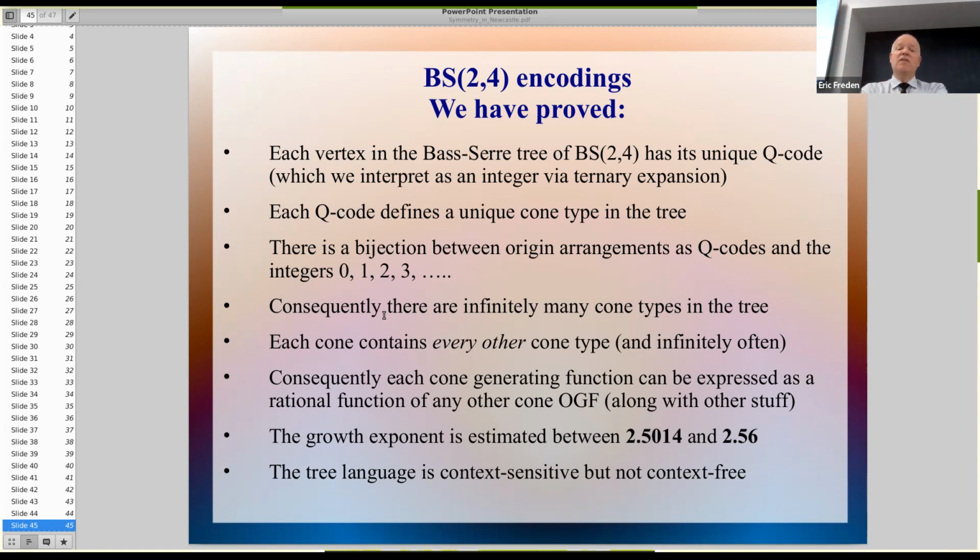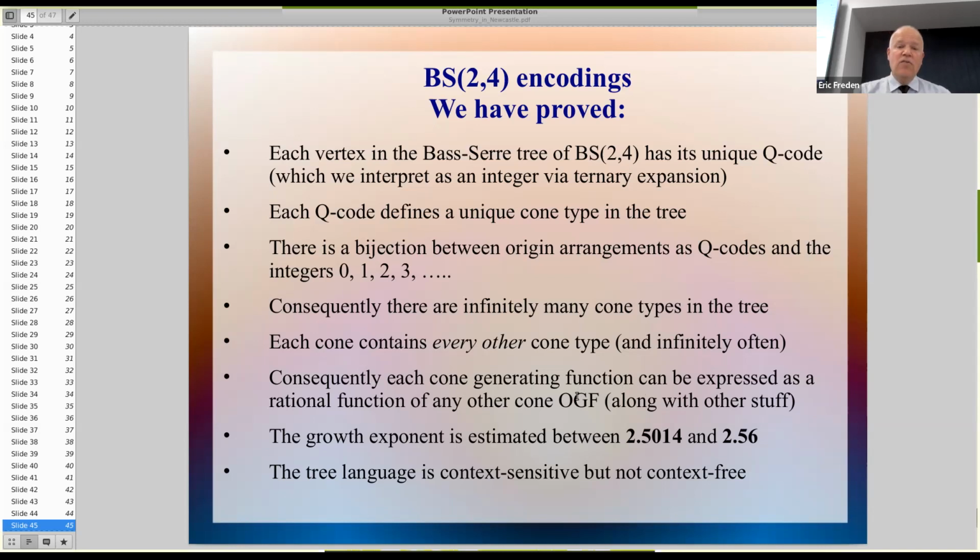Every cone contains copies of every other cone infinitely. So you can write T of Z, my generating function for this tree, as a rational function of a couple of cones along with some other stuff.